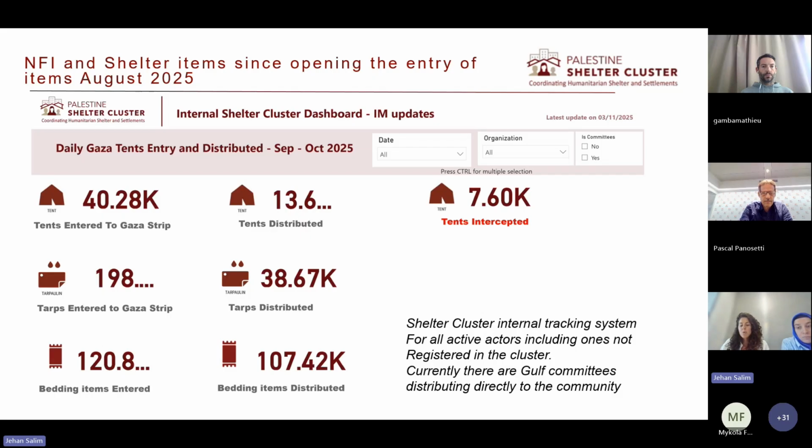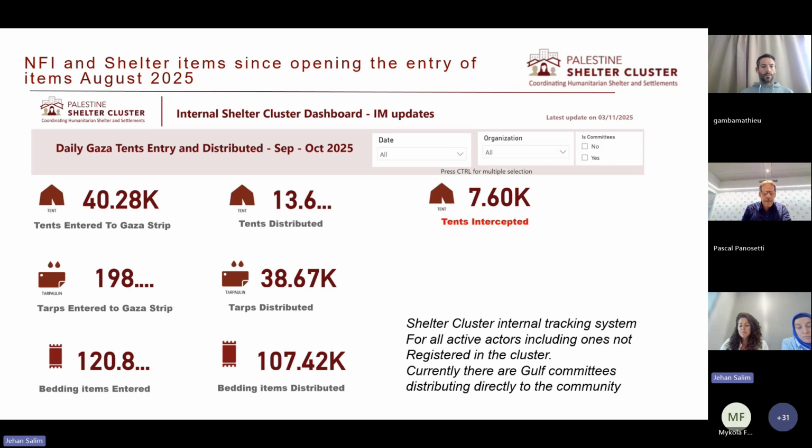They have their own mechanism of delivery and their own coordination logistics through Egypt. So we try to track this number, and we have direct communication with them, because we want to show the overview that tents are entering. They're not up to shelter cluster standard, but these materials are still entering.